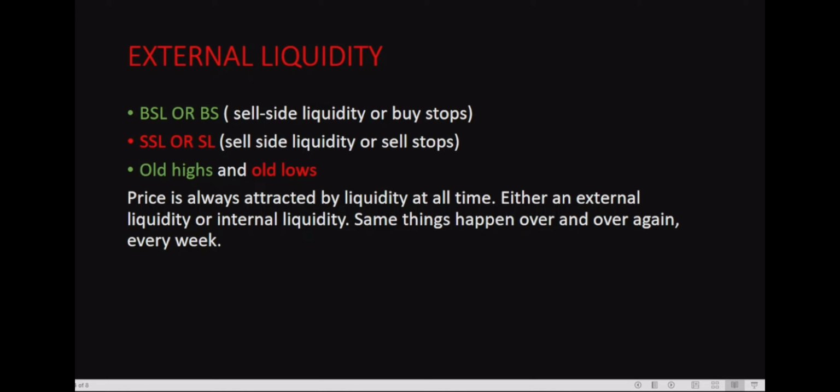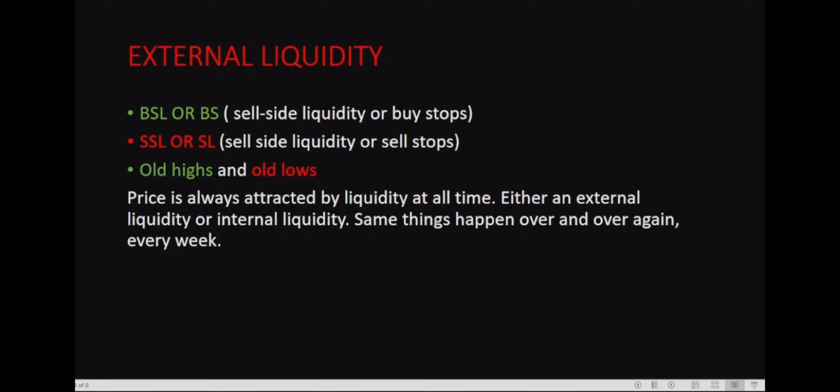Buy side liquidity or buy stops, whichever you want to call it. I use buy side liquidity when I probably have double tops. It becomes a buy side liquidity pool. But when it's just a single unprotected high, then it's a buy stop. Same thing for sell side liquidity or sell stop. A lot of people just pick one high and then call it sell side liquidity.